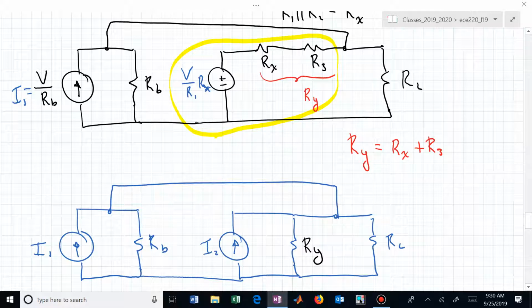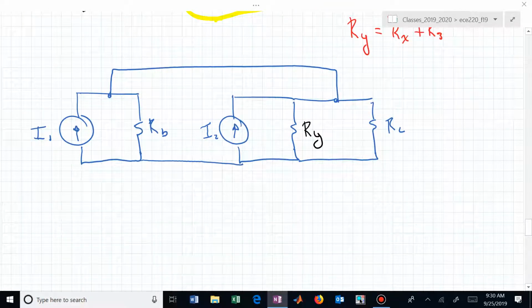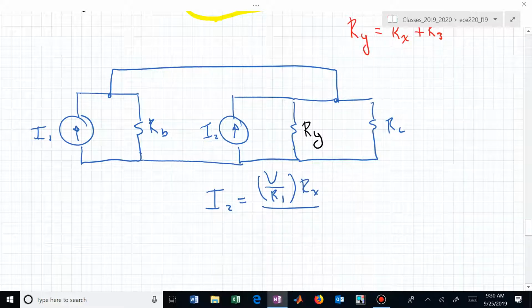It's V over R, where in this case V is this mess, V R sub x over R1, divided by the R, which is now R sub y. Or I sub 2 is now the V over R sub y.